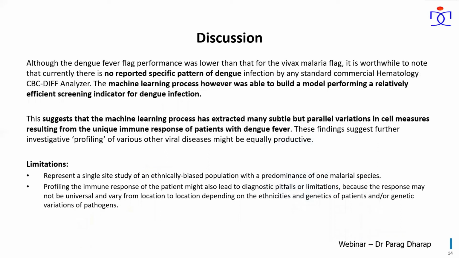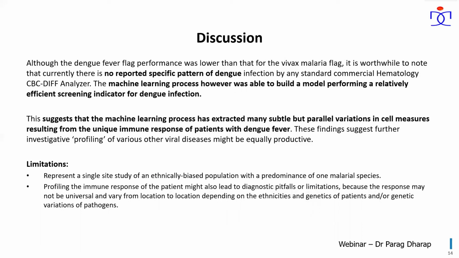Although the dengue fever flag performance was lower than that for the Vivax malaria flag, it is worthwhile to note that currently there is no reported specific pattern of dengue infection by any standard commercial hematology CBC analyzer. The machine learning process, however, was able to build a model performing as a relatively efficient screening indicator for dengue infection.